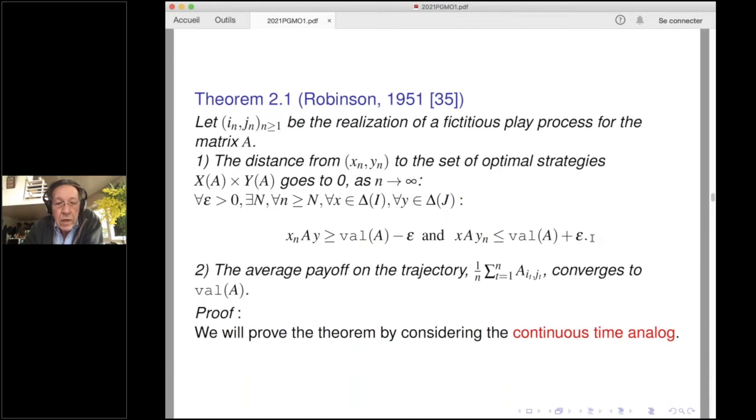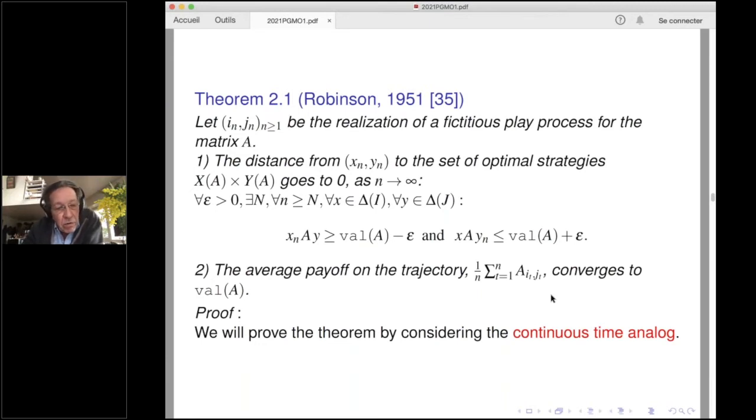Okay, so you are in the neighborhood of the set of optimal strategies. Okay, the distance to the set of optimal strategies goes to 0. It doesn't mean that the trajectory converges, okay, but the distance to the set of optimal strategies goes to 0. And moreover, the average payoff and the trajectory converge to the value.